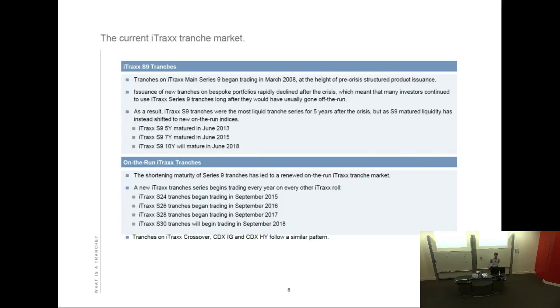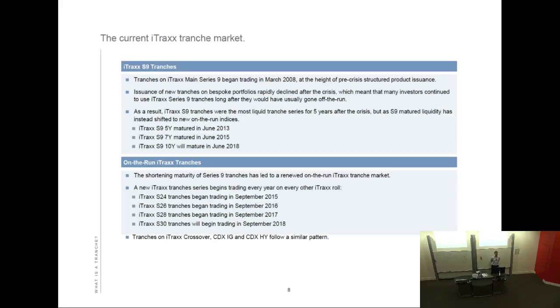There's one more tranche worth knowing, which plays a special role in the market, and that's iTraxx's S9 tranche. So right now, just for context, the indices trade on version S29.